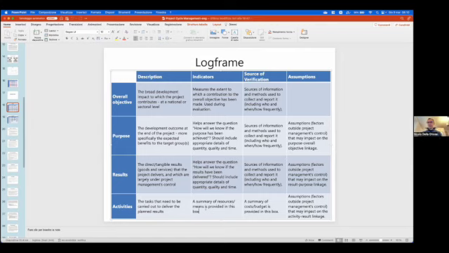Actually, one of the ways that is commonly used to understand how a project is performing is the level of expense of the project, so how much the project is spending.